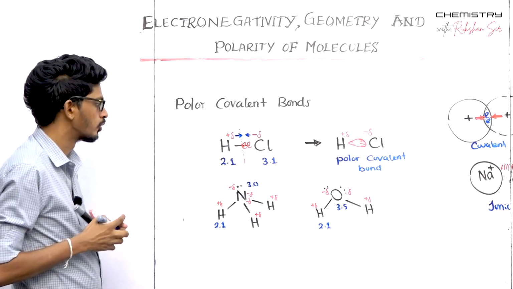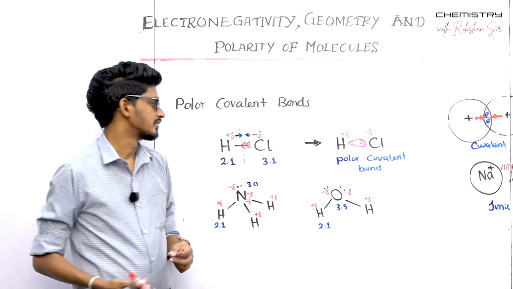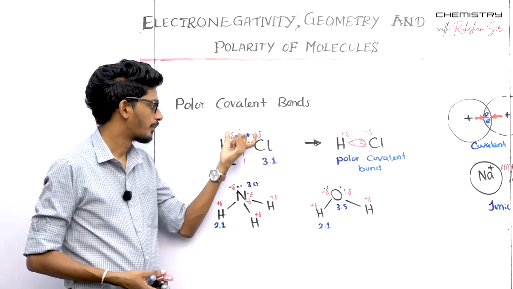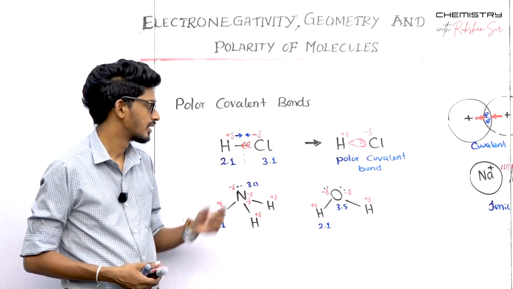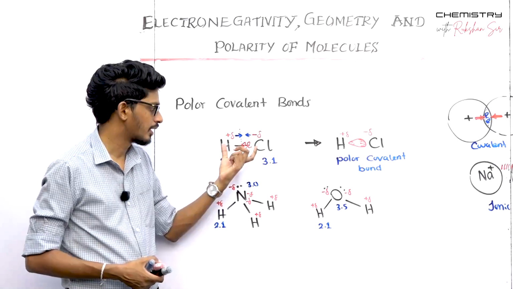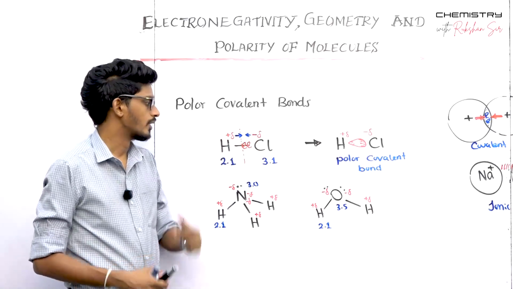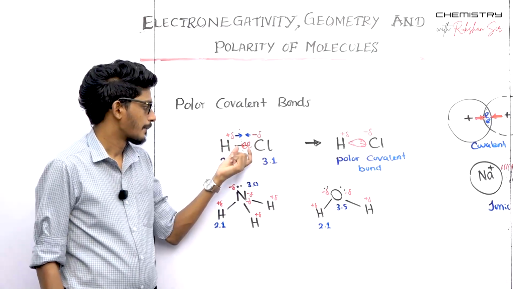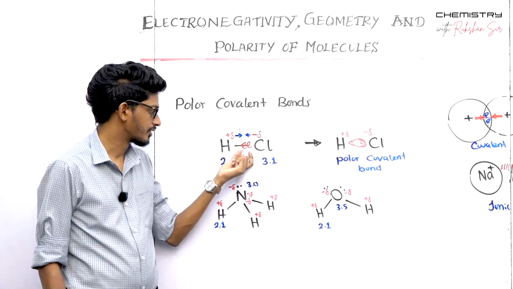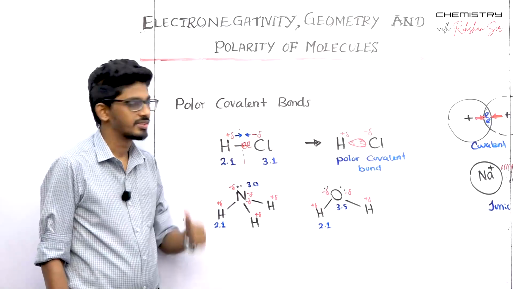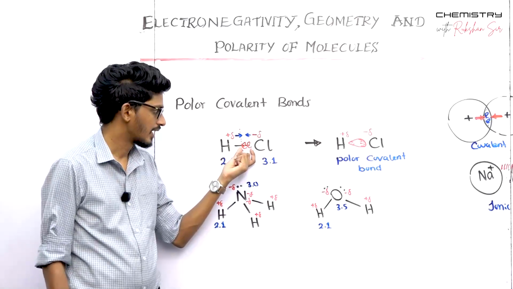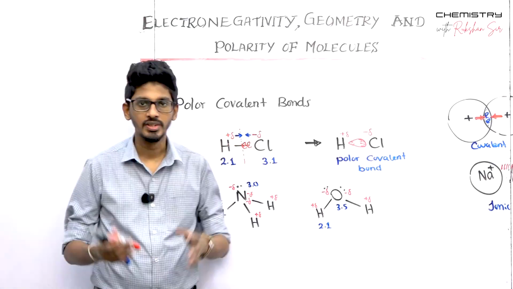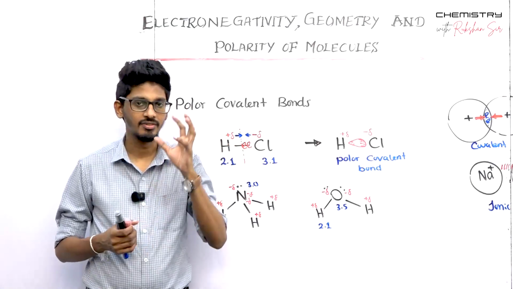So that is the ionic character: attraction of masses due to the opposite charges of them. So in polar covalent bonds, the masses are attached by the shared pair of electrons as well as the opposite charges. So the covalent character as well as the ionic character, both are there in a polar covalent bond.